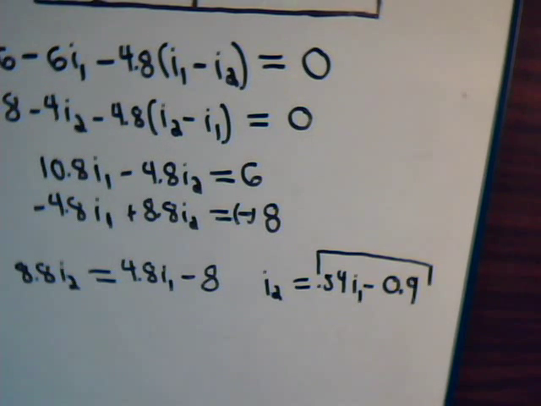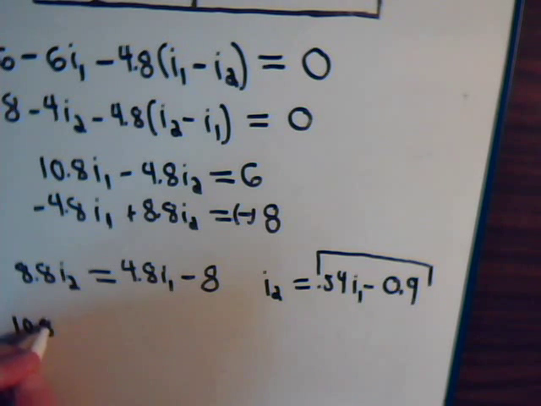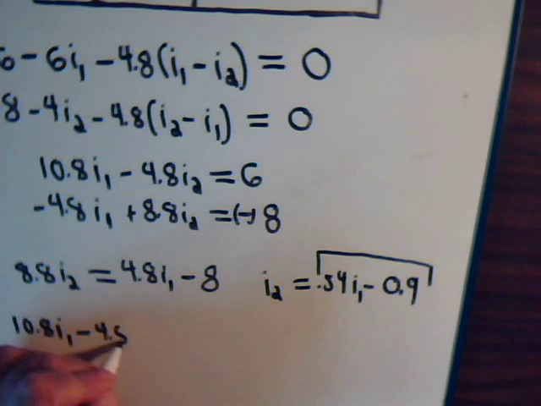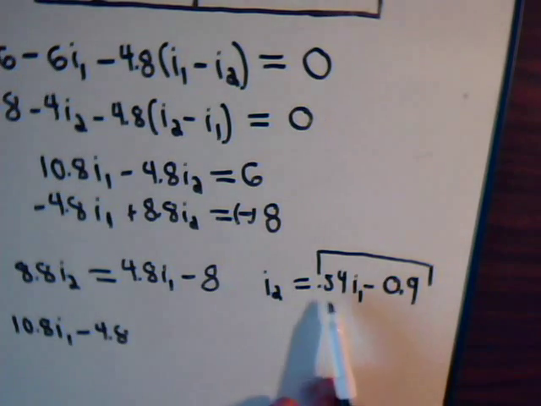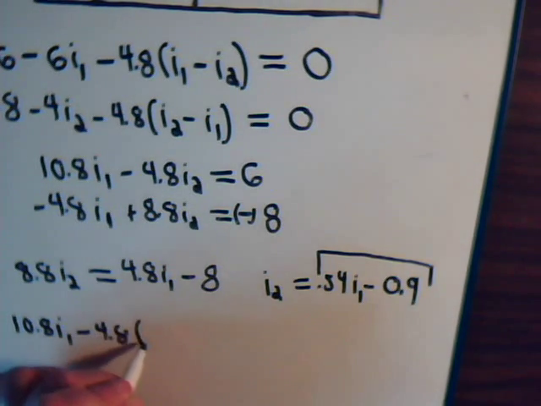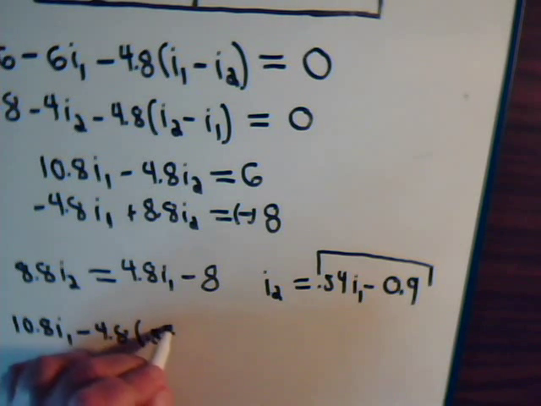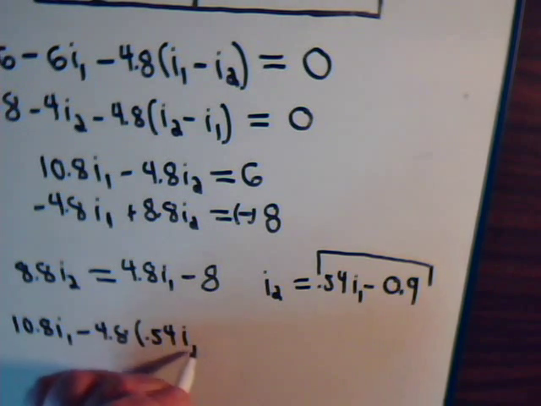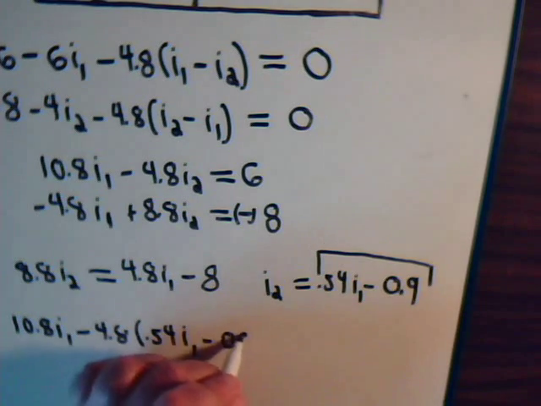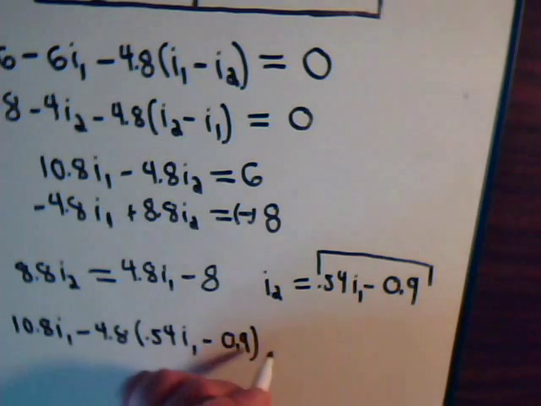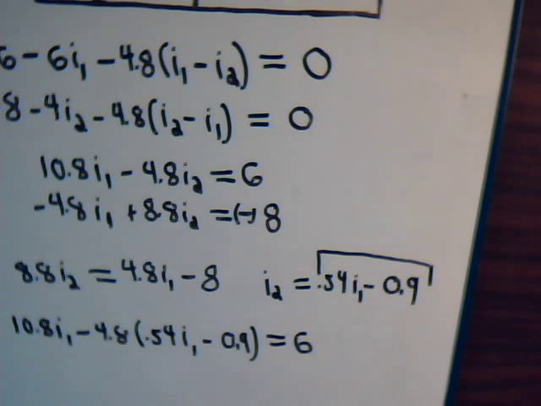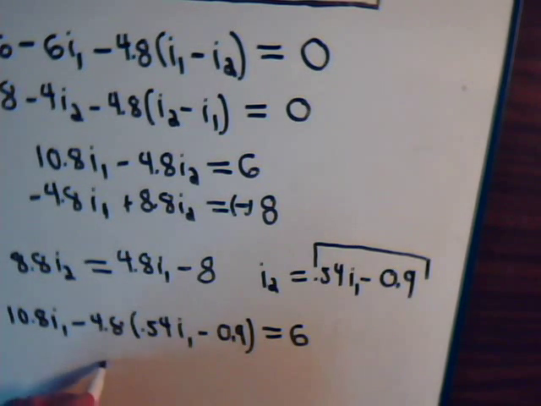So we have 10.8 times I1 minus 4.8 times I2, which is 0.54 times I1 minus 0.9. That has to equal 6. So that's real simple to solve for I1.